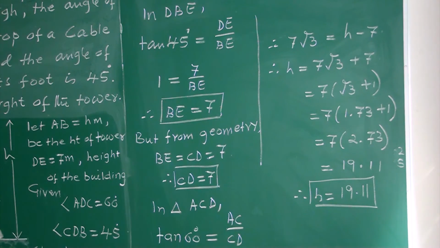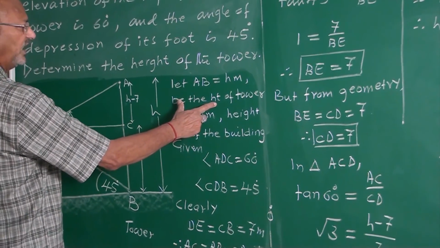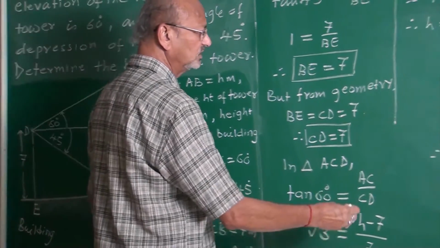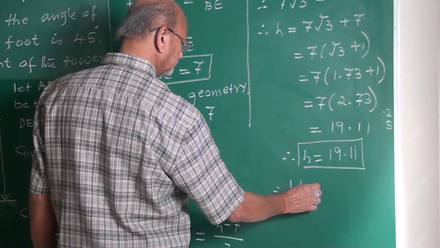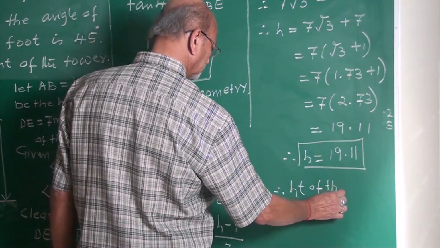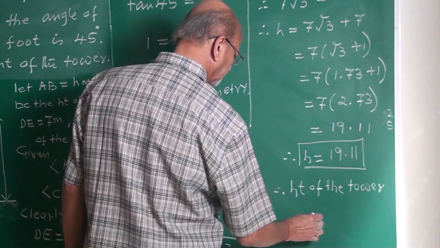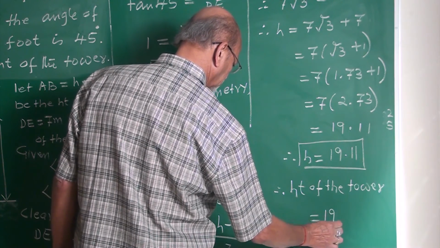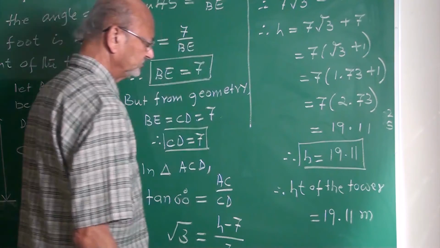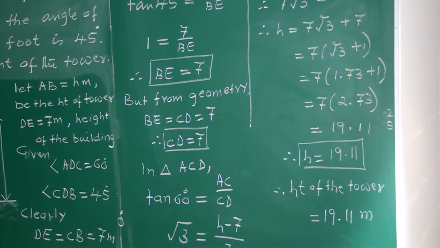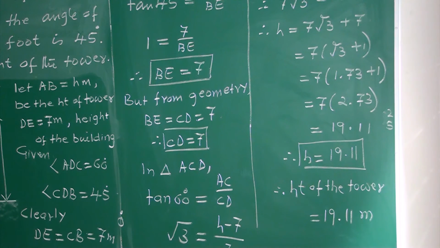This H is nothing but the height of the tower. Therefore, the height of the tower is 19.11 meters.